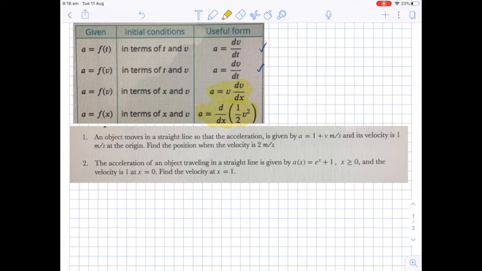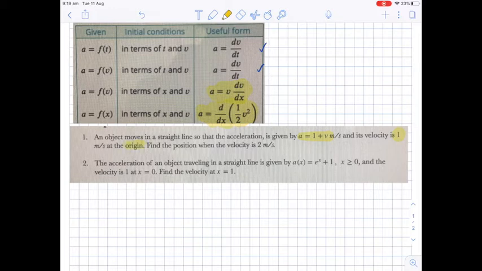That way, when my initial conditions are in terms of x and v, I can still work with substitution and solve more of the problem. So let's work through a couple of examples. The first example: an object moves in a straight line so that the acceleration is given by a equals 1 plus v, and its velocity is 1 meter per second at the origin.